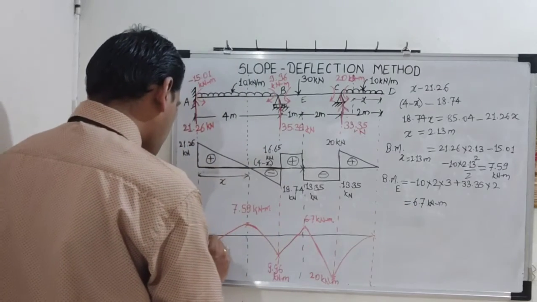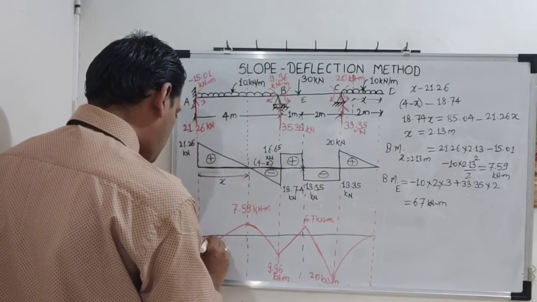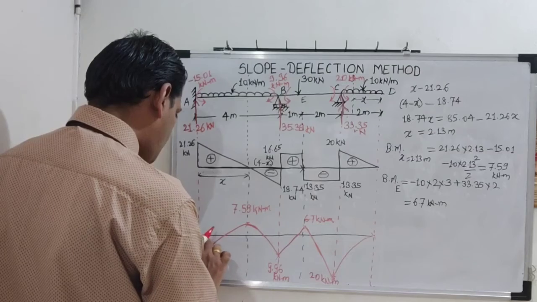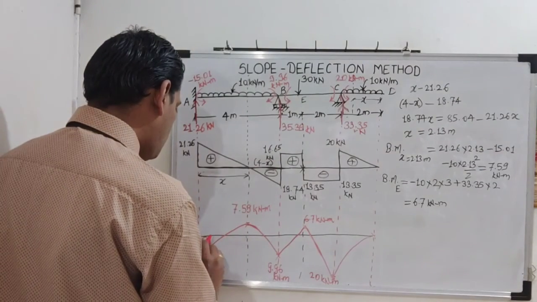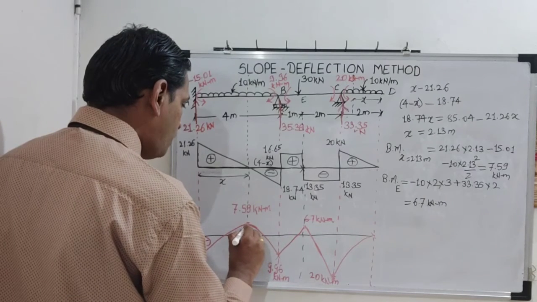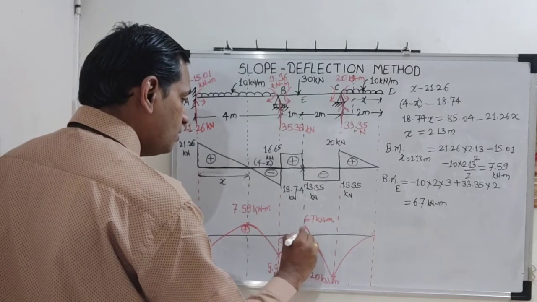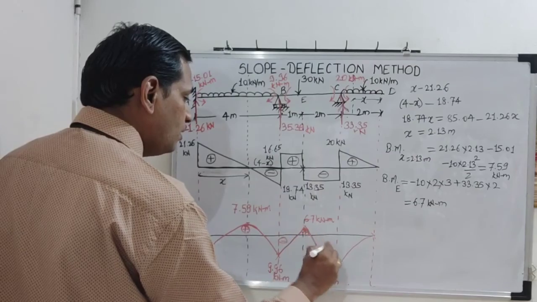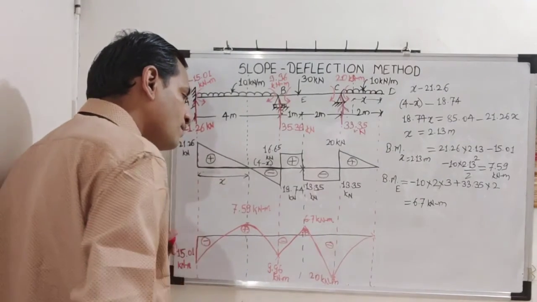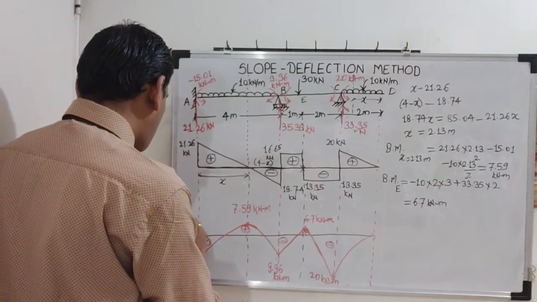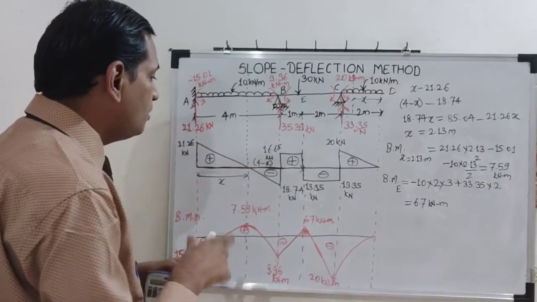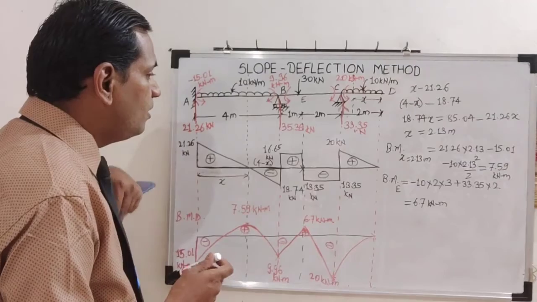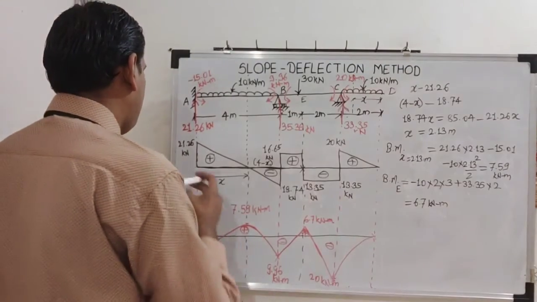Why? The loading is UDL. So this is minus, this is plus, minus, plus, and this is minus. So this is our BMD on the tension side, and the diagram in black is our shear force diagram.